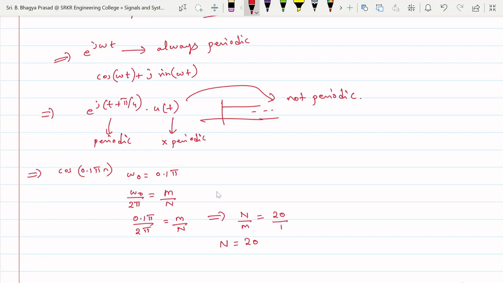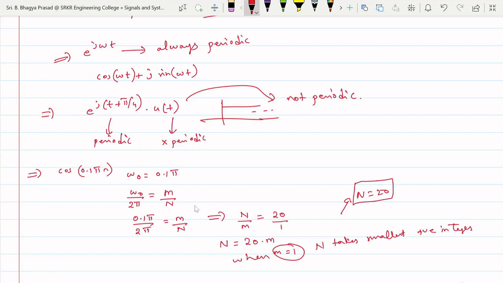You can take 20 into m for the least value. N takes the smallest positive integer when m equal to 1. So N equal to 20 is the period of the sequence cos 0.1 pi n.